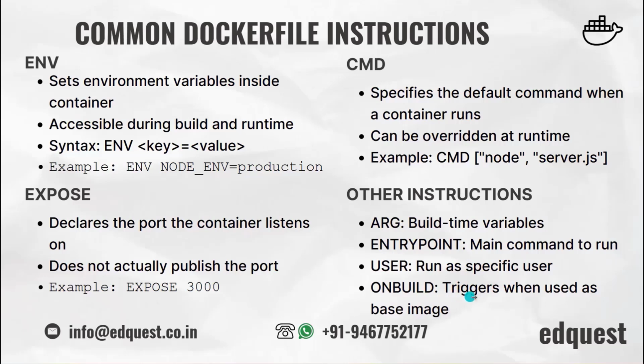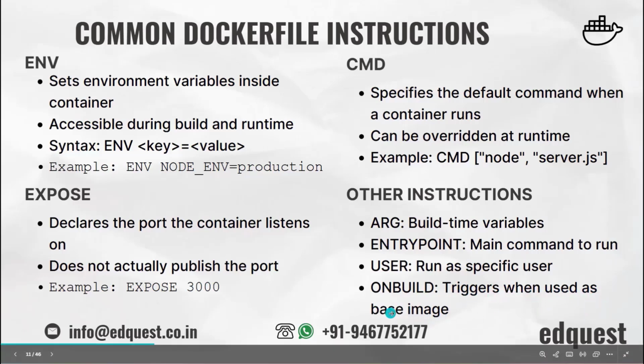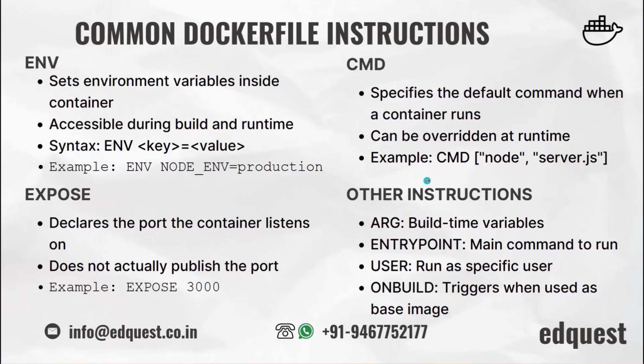ONBUILD defines a trigger instruction that gets executed when the image is used as a base image for another build. Each of these instructions helps you build more secure, flexible and production-ready Docker images.